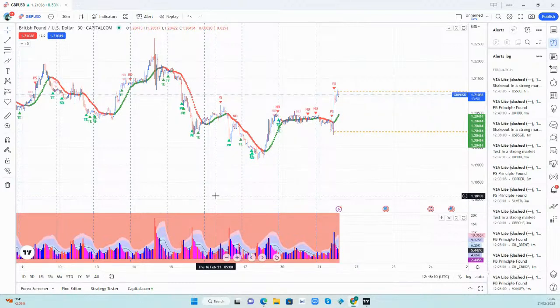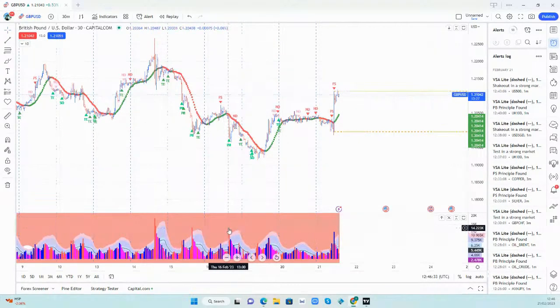So for me, I really see weakness. The professionals are coming in. The second highest volume is this one here, potential professional buying, which was never confirmed. That's a sign of weakness. Then you had potential professional selling, which did get confirmed. Not much volume there, nevertheless there is a bit of volume there. And then you had this one, the third highest, potential professional buying, which never got confirmed.